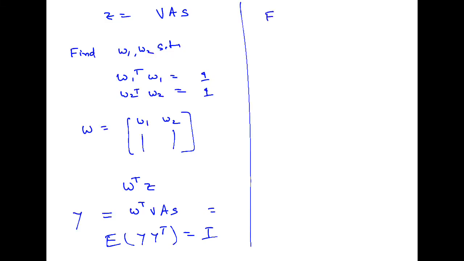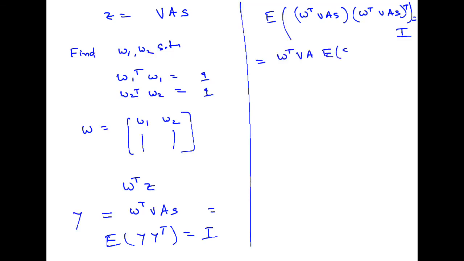This implies expectation of W transpose VAS, transpose, equal to I. Right? So what is this? W transpose VA expectation of S S transpose, now I take transpose A transpose V W. Right? This is equal to I.